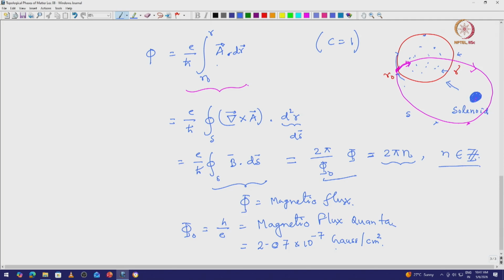So, this phase becomes quantized. Okay. So, now what exactly did we do, why did these quantizations happen, and why is there no quantization in the other case?